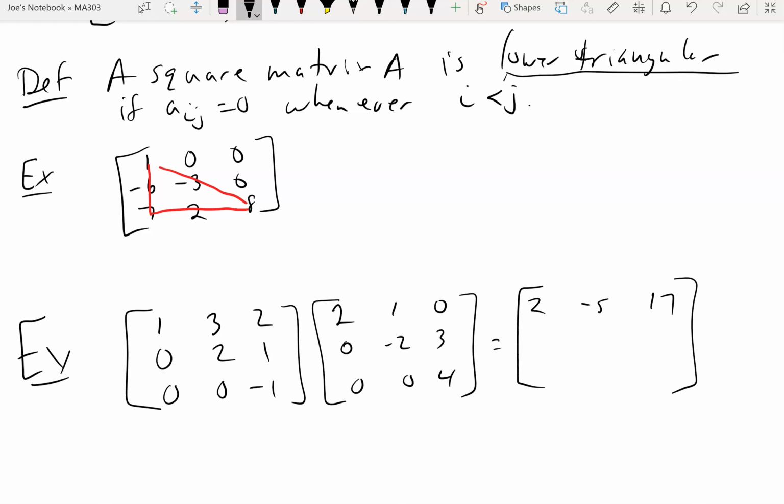When I take this row and match it with this column, what do we get? 0, right? We're going to end up with a 0 in that same spot. The next two entries are going to be negative 4, and then 6 plus 4 is 10. So again, the last two there aren't as interesting.